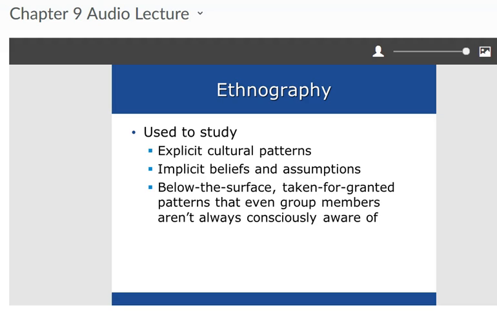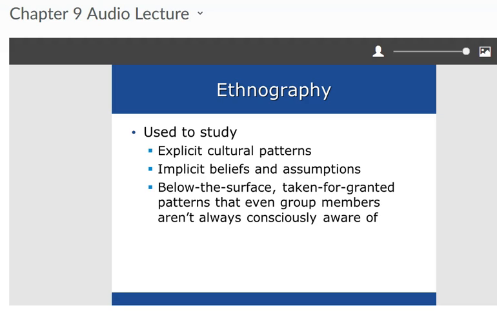With all qualitative studies, the goal is to identify patterns and themes that emerge. Within ethnography, it's used to describe explicit cultural patterns, so patterns that are specific to that cultural group.